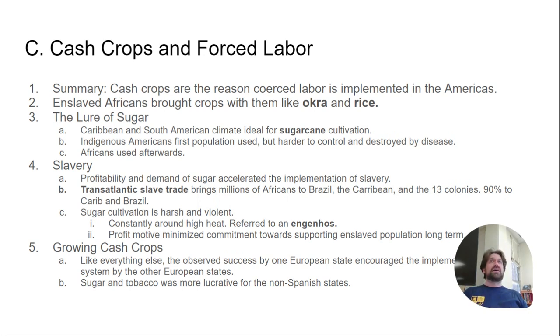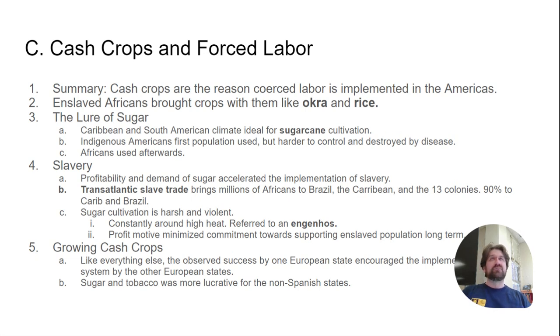However, demographic impacts like disease, reduced population, and the harshness of the labor led to likely escape from the coercive labor system, and Americans were equipped to hide from Europeans far more effectively. So in general, Americans were not the ideal population to use for a coercive labor system.